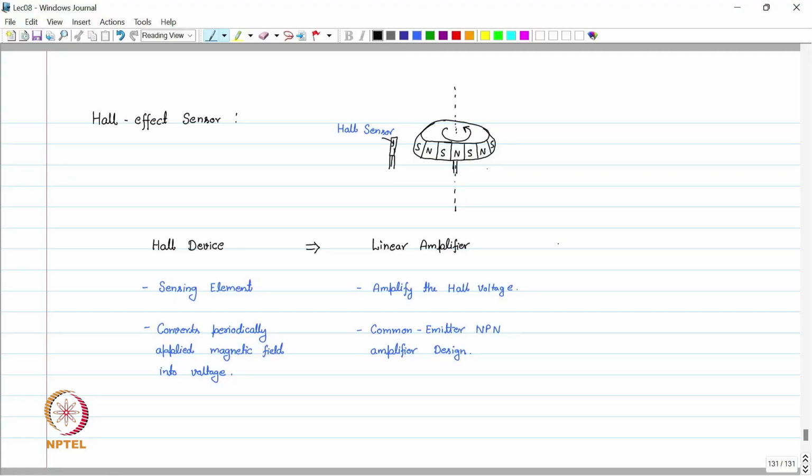The next stage after the linear amplifier is the Schmitt trigger, and this is basically nothing but a comparator circuit.